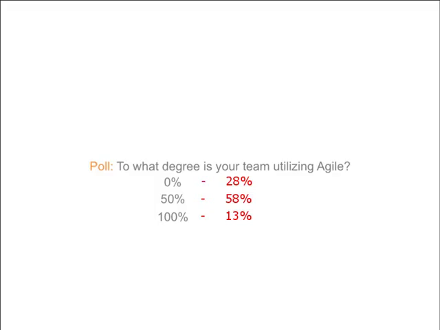I'm actually surprised that there's people who are using it at 100% because, to be honest, I'm not even really sure what 100% agile means because it is this balance between these two worlds as I'm sort of describing here. But the fact that a majority of you are saying 50% is about what I would expect. I think that's very common and acceptable, to be at that kind of hybrid approach where you're utilizing both sides of the Agile Manifesto, which is sort of going back to that idea of balance.